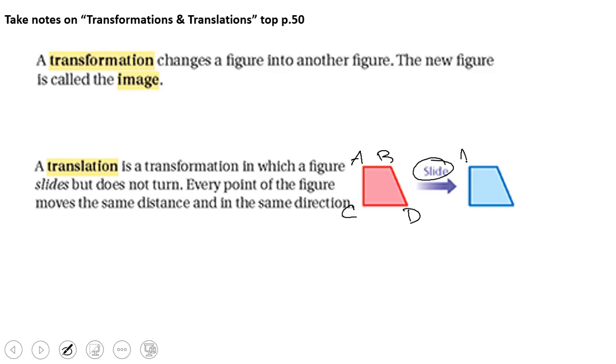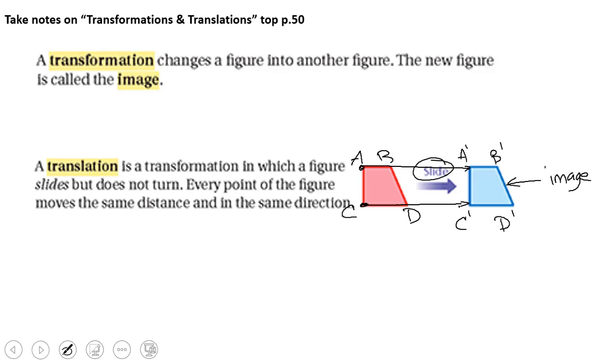And so now we have A prime, B prime, C prime, D prime. This blue is called the image. And notice, every point moved the same direction and the same distance to go from A to A prime and C to C prime. Same direction, same distance, and it works the same for B and D.